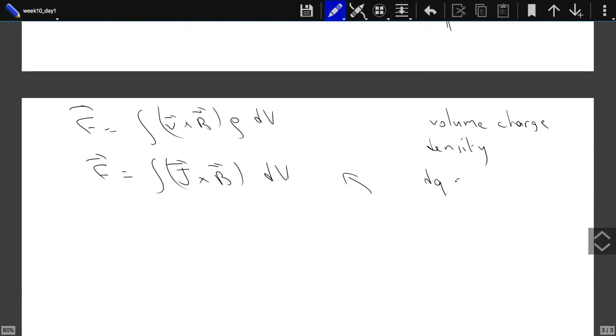So dq is nothing but rho times dV. Rho times dV is the charge of that volume dV, so I just replace that dq by rho times dV.